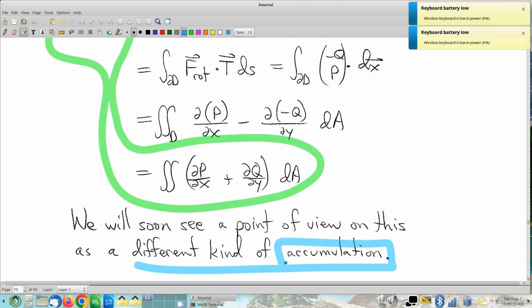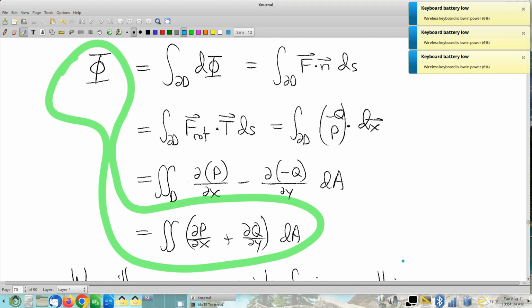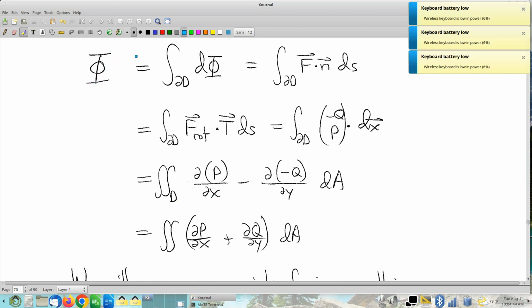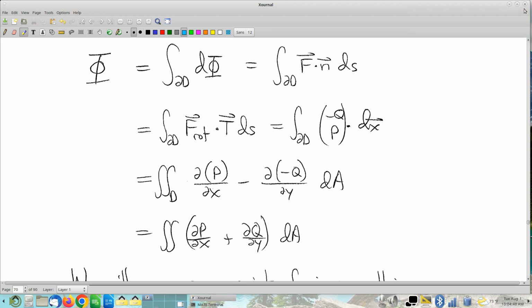So in the same way that we made an accumulation argument about circulation, you can also make an accumulation argument about flux, outward-oriented boundary flux, is the object in question here. And so anyway, it turns out that's an accumulating quantity as well, and we'll see that argument a little bit later. Okay.